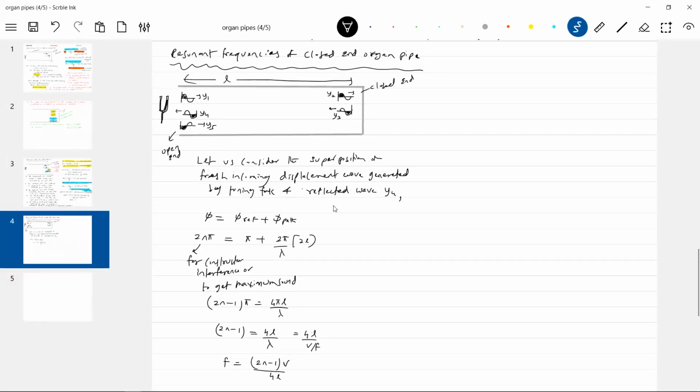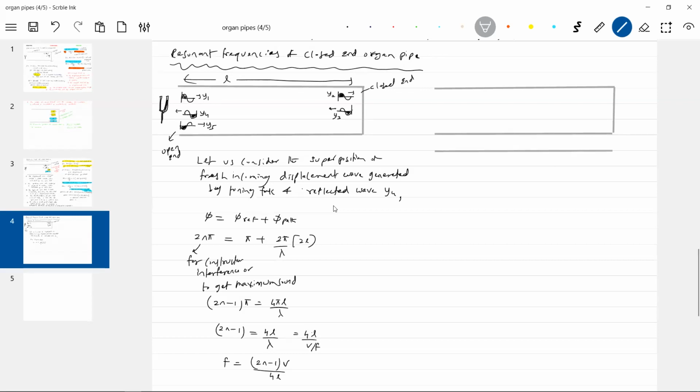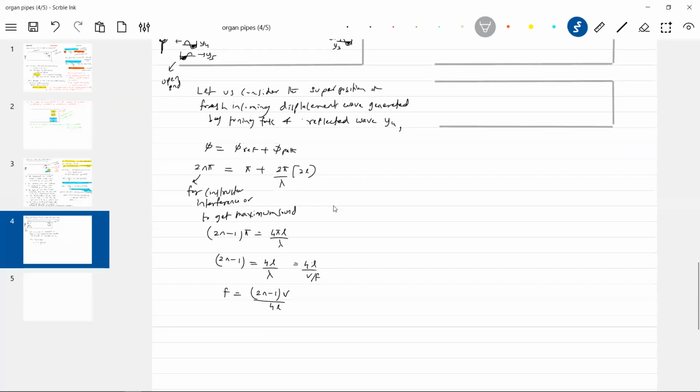I will use the same pipe to show both things: the pressure wave and the displacement wave. N equal to 1, 2, 3, 4, 5, 6, like this.